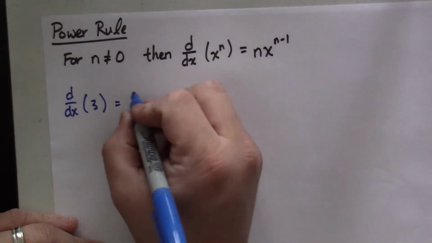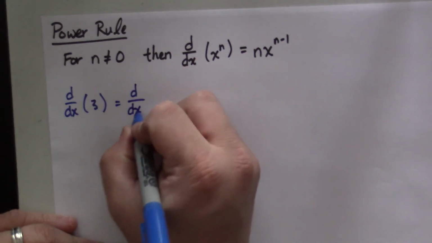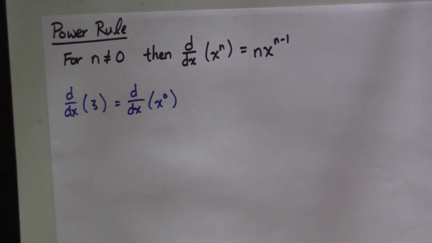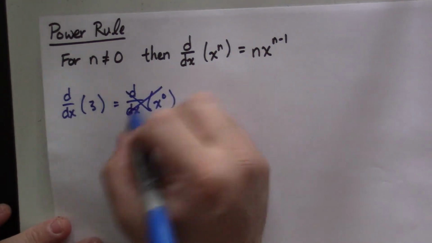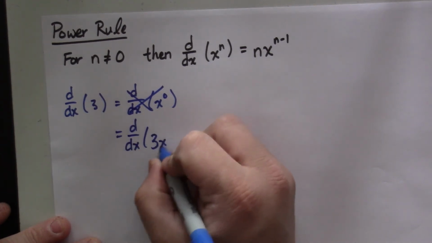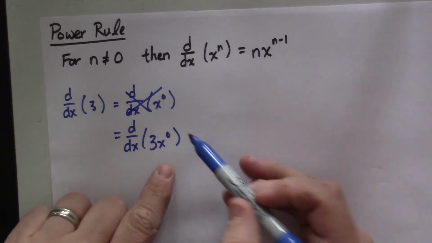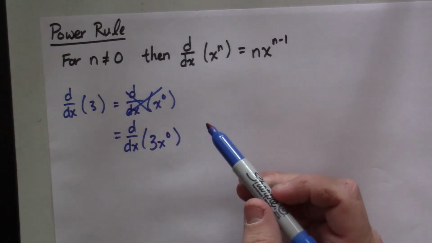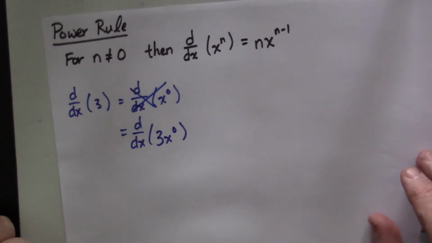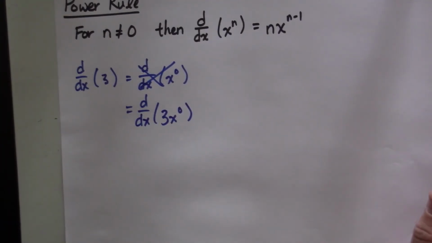Now, I'm going to be spiffy here, and I'm going to write that as d dx of 3 times x to the 0, because anything to the 0 power is 1, except for 0 to the 0, and we're only going to deal with limits here, so it's okay.